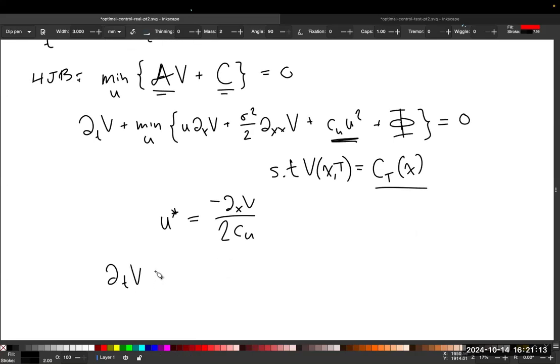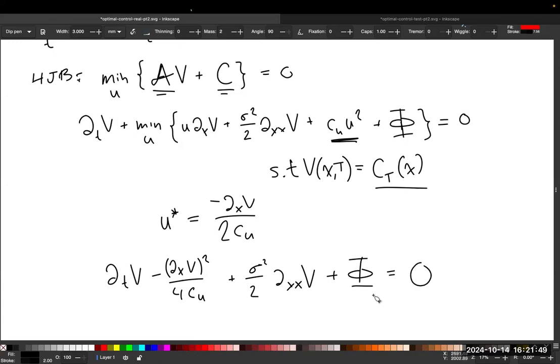So we can make that substitution. And remember, these terms here are going to combine so that we get partial x v squared over 4cu. We'll have our diffusion term, sigma squared over 2 partial x x v. And now we have our phi term as well, which is that state dependent cost. So this is our nonlinear Hamilton-Jacobi-Bellman equation.